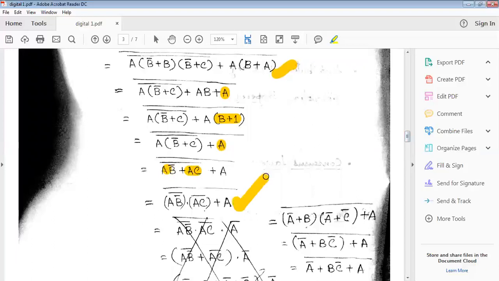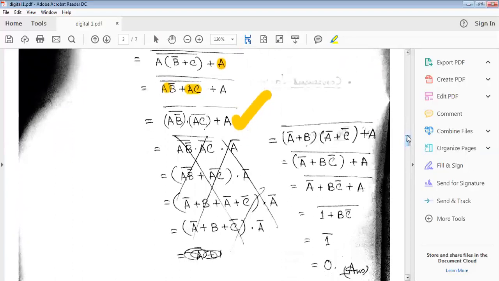So this is the second theorem of De Morgan's theorem. Now again I will use the first theorem of De Morgan's law, that AB bar whole bar becomes A bar plus B, and it will become A bar plus C bar, just like that, this line.